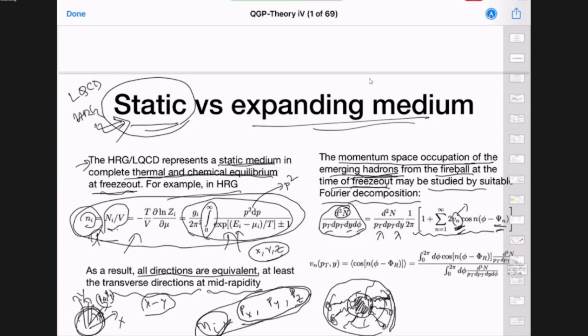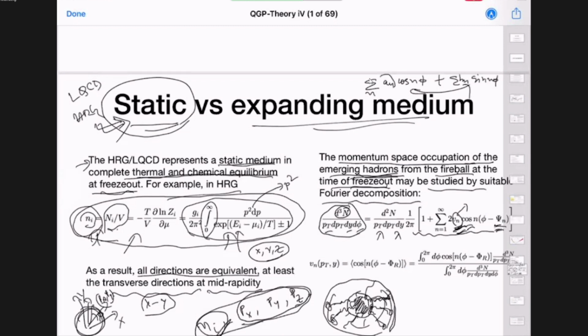The reason there are two constants here is this: usually when you write a Fourier series, you write the summation over n of a_n cos n phi plus b_n sin n phi. Here we are putting all this together into a cosine, but you can clearly see that we are not losing anything.